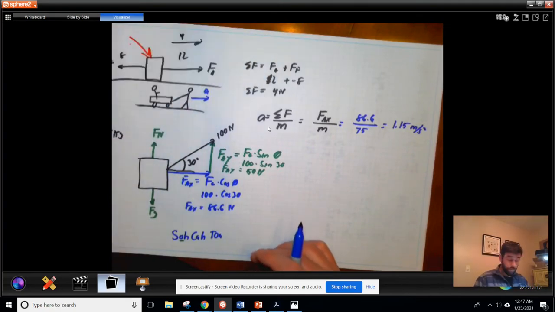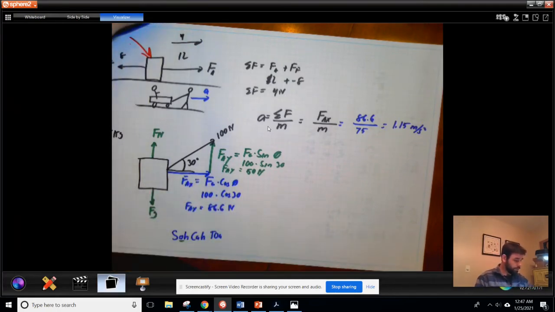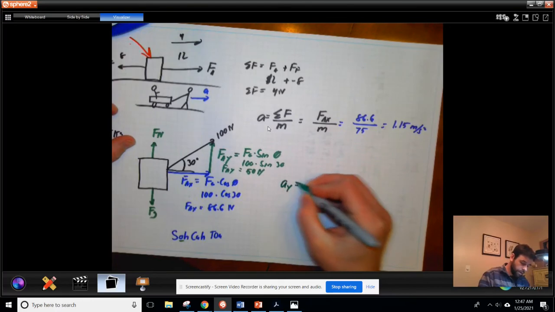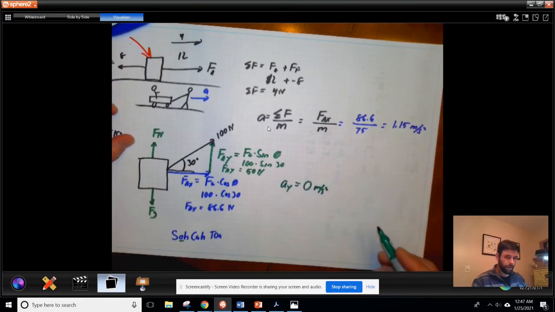Now, question for you. What happens in the y direction? Okay? So, obviously, in our y direction, are we accelerating off the ground? No. Our acceleration in the y direction is equal to 0 meters per second squared. Okay?